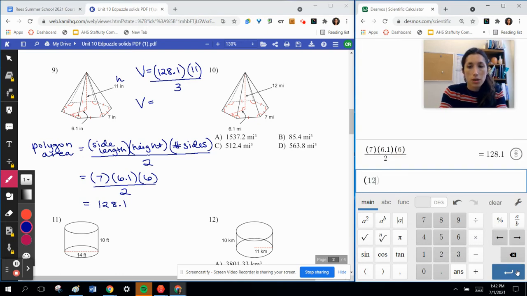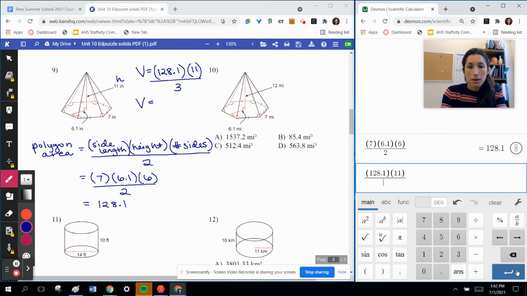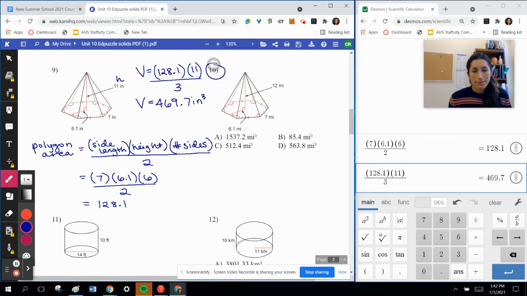So we're going to take 128.1, we'll multiply it by the height 11 divided by 3. This would be 469.7. And that's inches cubed. Okay, go ahead and answer question number 10.